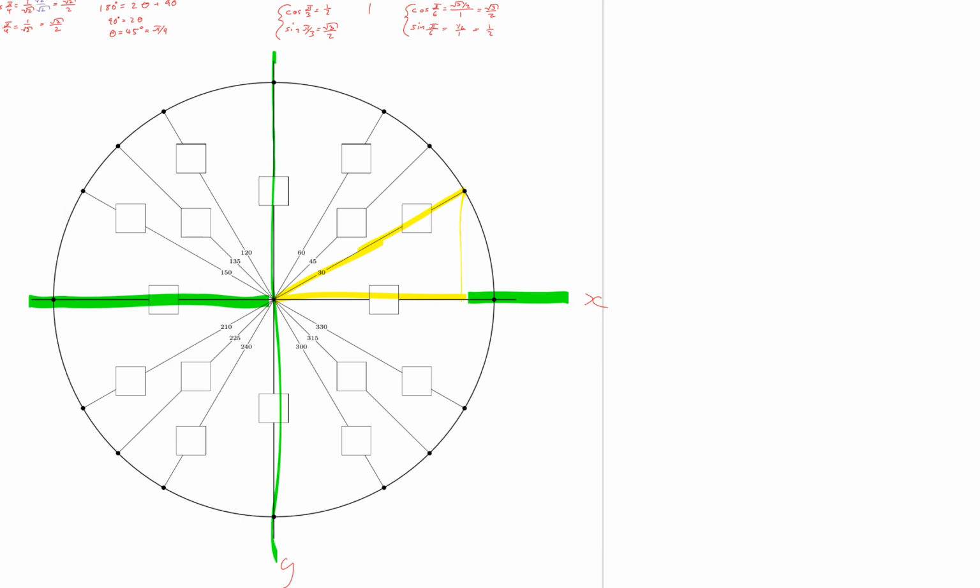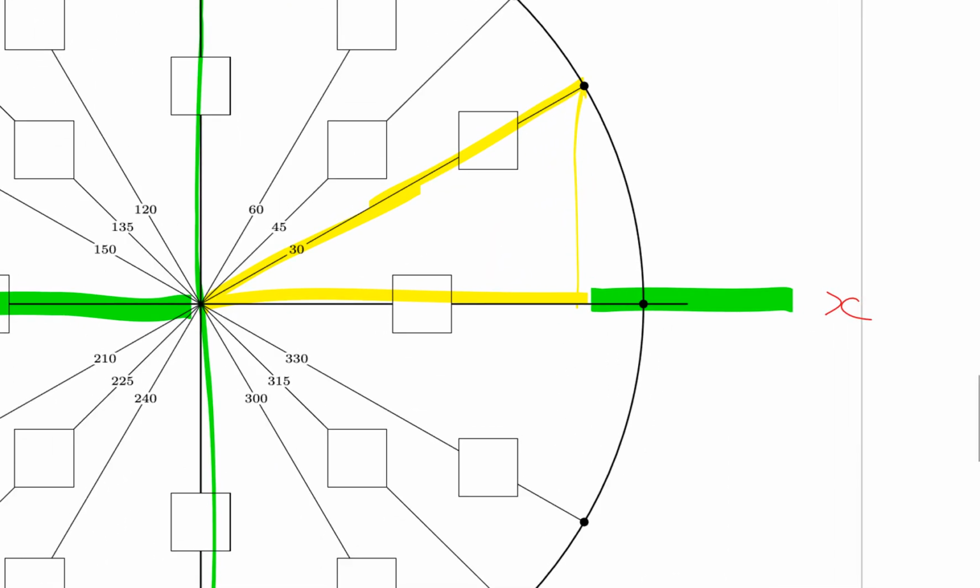And so we're going to be finding the x and y coordinates of each of these points here. Note this triangle that I've drawn out here. Note this is a 90-degree triangle with an angle here of 30 degrees. Well, we already know that this angle of 30 degrees is pi over 6 radians.